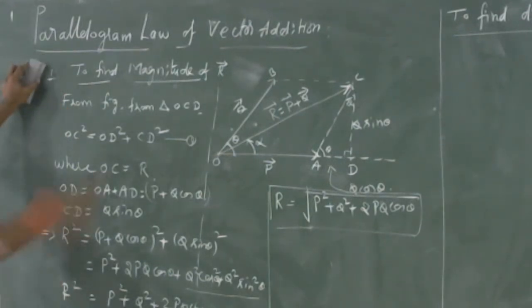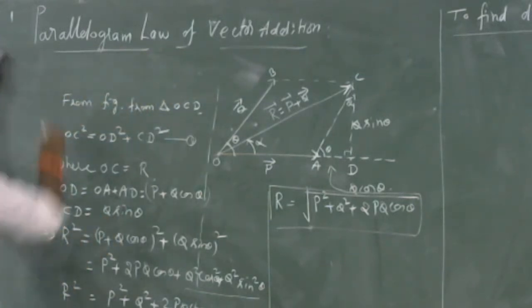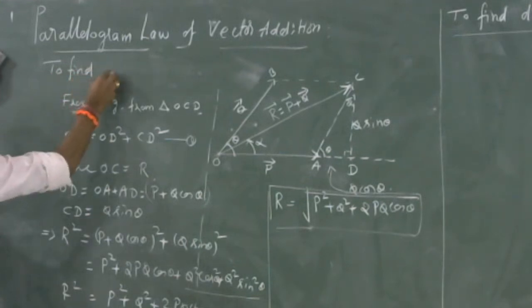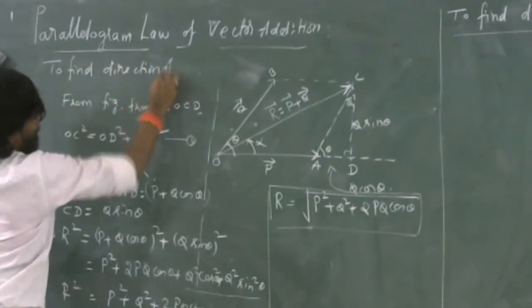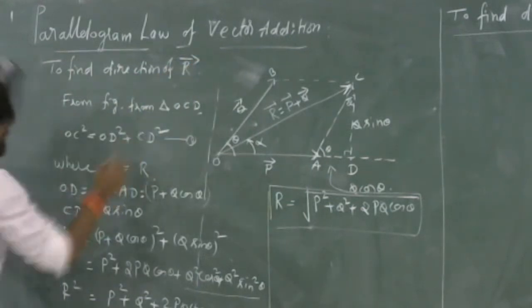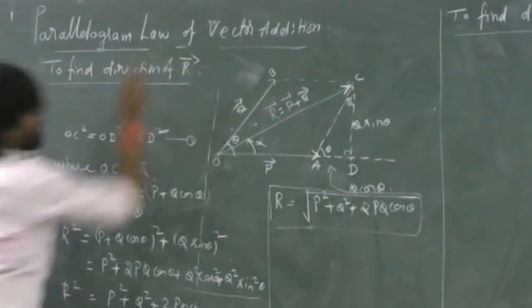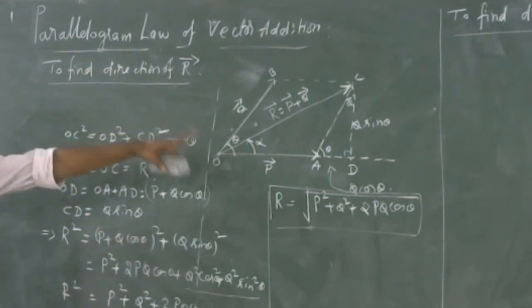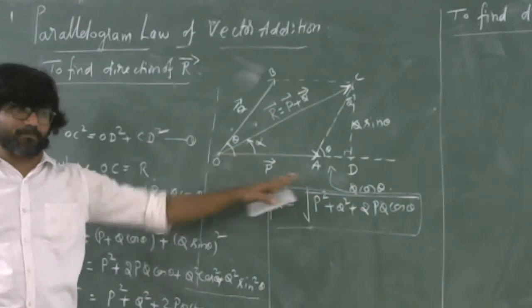So the subheading you can write: to find the direction of the resultant vector. Keep the diagram, and this diagram is important. You have to understand the things from the diagram.